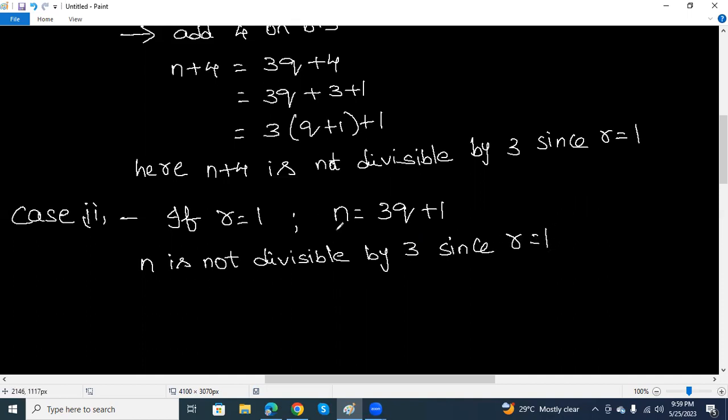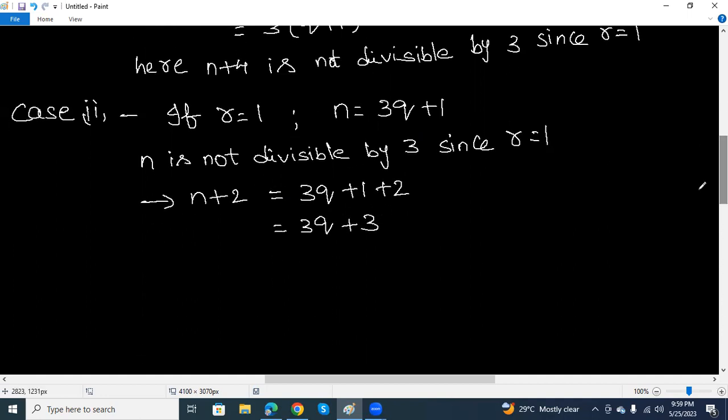Now add 2 on both sides. So n plus 2 is equal to 3q plus 1 plus 2, so 3q plus 3. Let's take out 3 as a common factor. We get 3 times q plus 1.